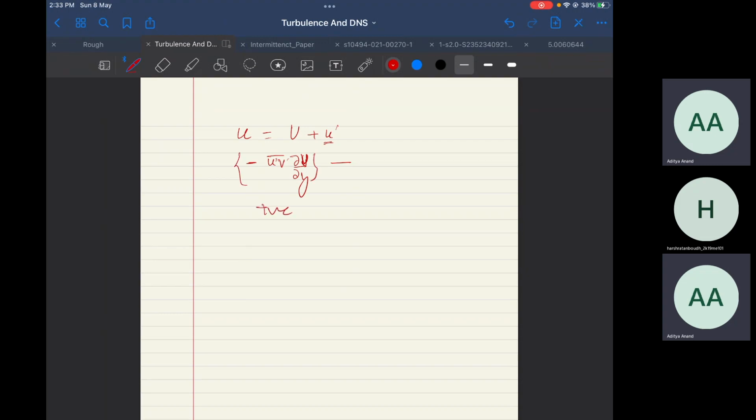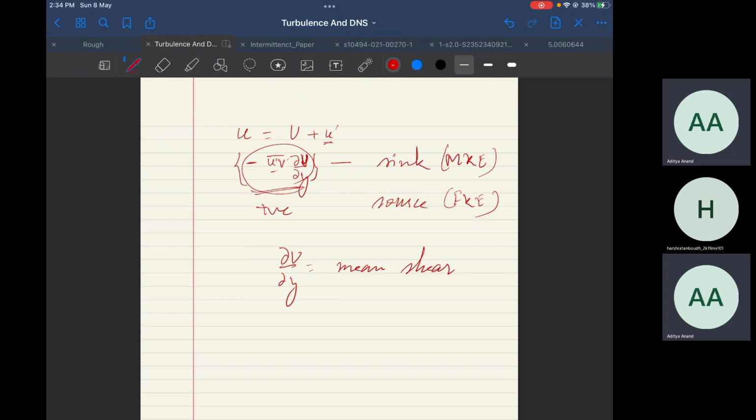So this appears as a sink term in the mean kinetic energy equation, and it appears as a source in the fluctuating kinetic energy equation. So this basically represents the turbulence energy that is being produced by the mean shear. So del U by del y is basically the mean shear that is present in the flow.